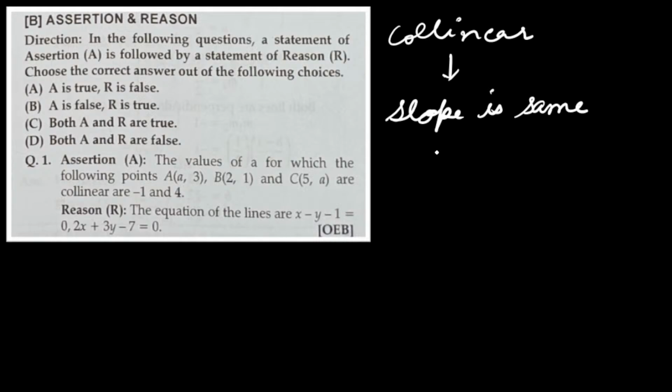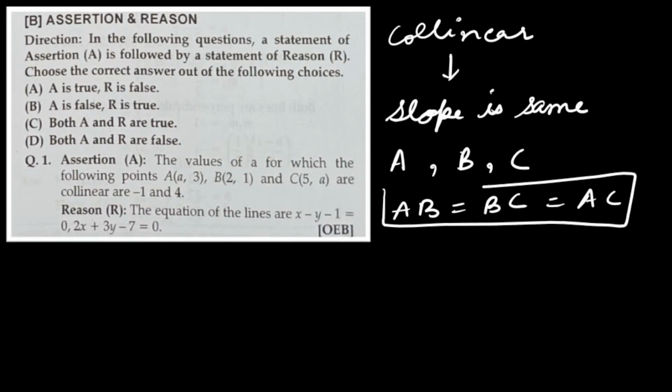We have 3 points now, A, B and C. So slope of AB equals slope of BC equals slope of AC. Whenever 3 points are collinear, the slopes are the same.